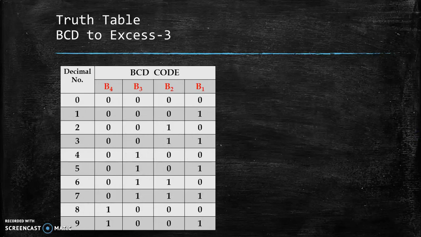So we have a truth table for the BCD to Excess-3 code converter. Now we can see that we have decimal numbers 0, 1, 2, 3, 4, 5, 6, 7, 8, 9, and we have 4 input variables, B4, B3, B2 and B1. When we consider 4 different input variables, we know that 16 different input combinations are possible.